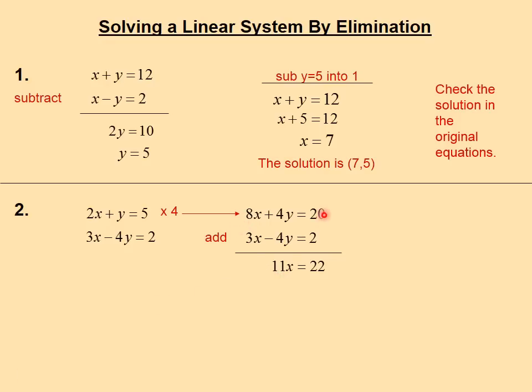We'll end up with 11x, so 8x plus 3x will give us 11x. 20 plus 2 will give us 22. As we said, the y's cancelled out. We'll do a quick swing underneath with the 11, and 22 divided by 11 is 2.